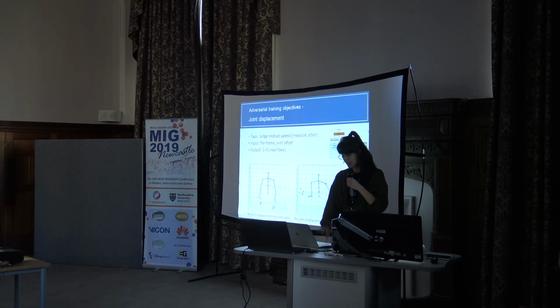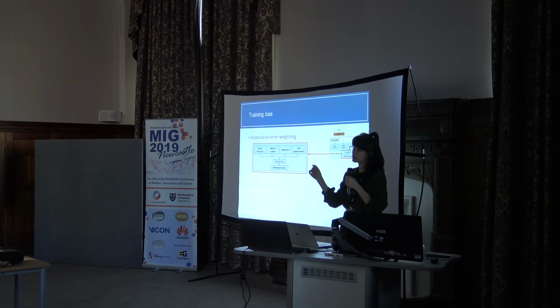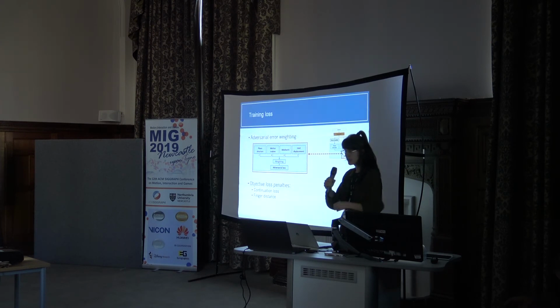So then we have all of our training objectives, and we group them together into one joint error. So the generator does not receive 4 different losses, 4 different errors. All of the discriminators are weighted, and that is one joint training signal to the generator. Then we also add 2 objective loss penalties that we just compute algorithmically.